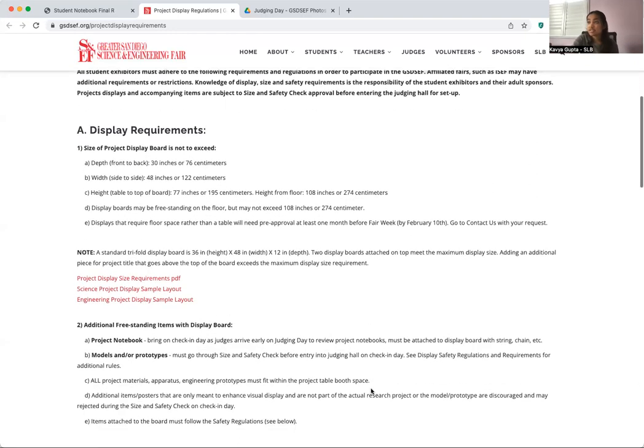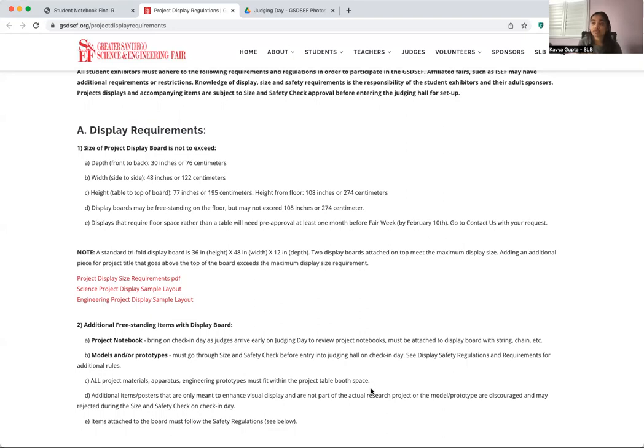So first of all, let's talk about the display requirements. As I showed, most students use trifold posters because there are different requirements for the project display board. The depth, from front to back, should be around 30 inches or 76 centimeters.